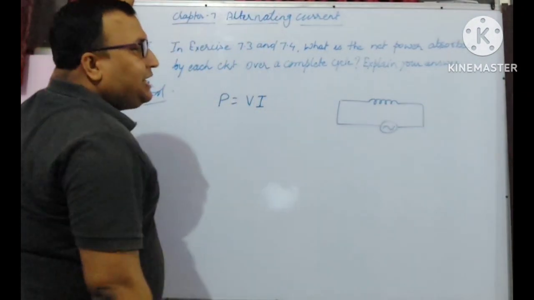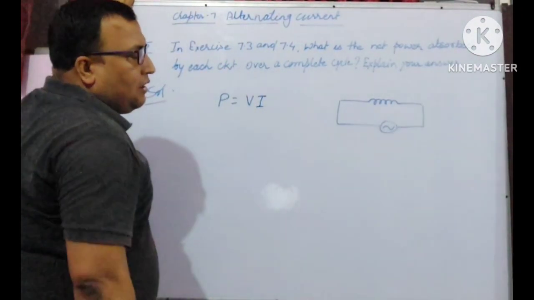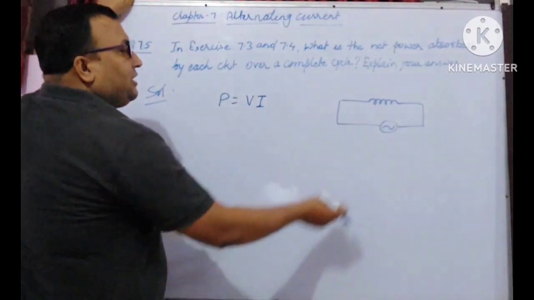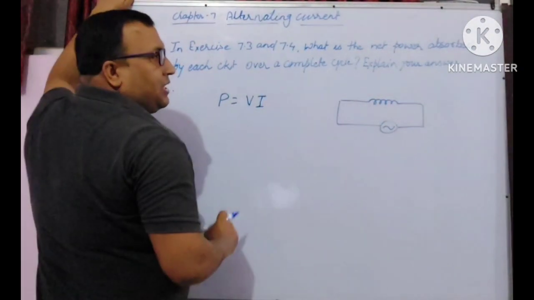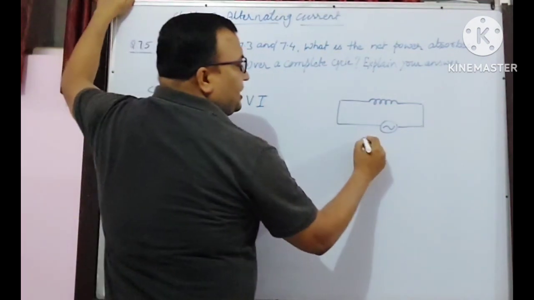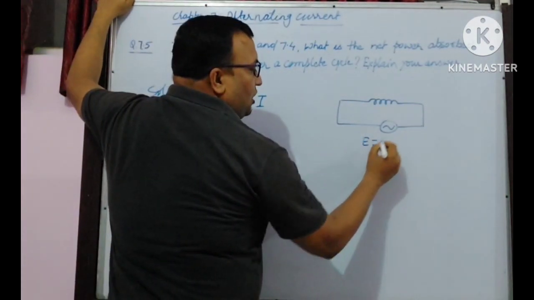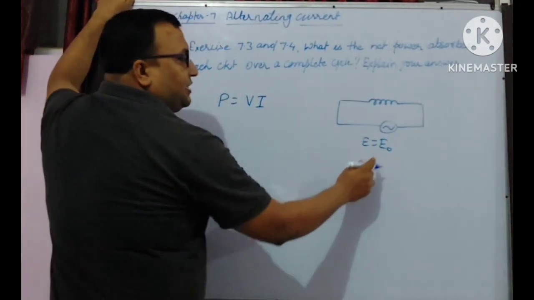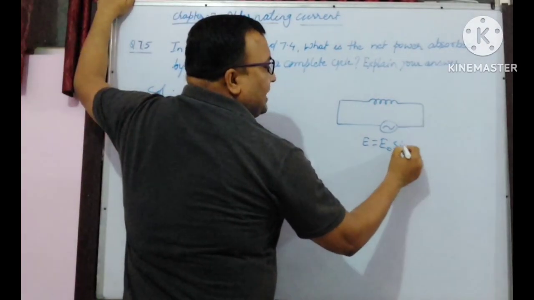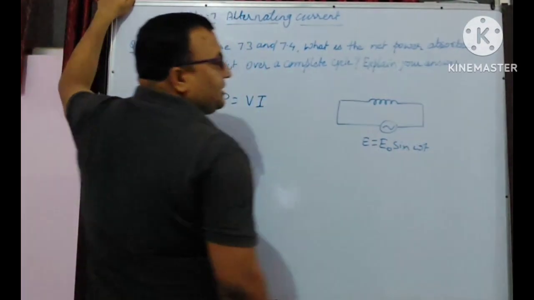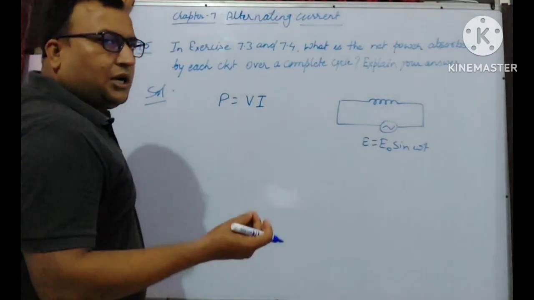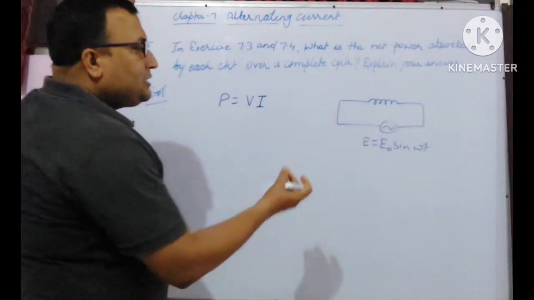If you have an idea about this kind of circuit where the inductor is there and we provide the EMF, then one result comes. What is the result? If E equals E0 sine omega t, that is the instantaneous alternating EMF in the circuit.